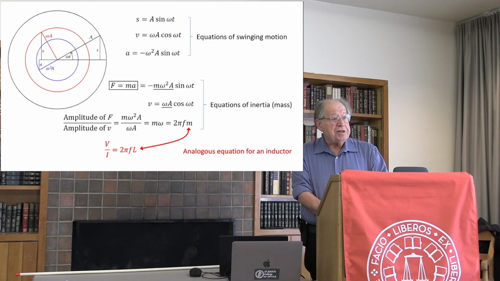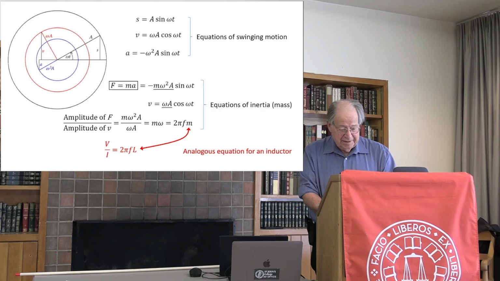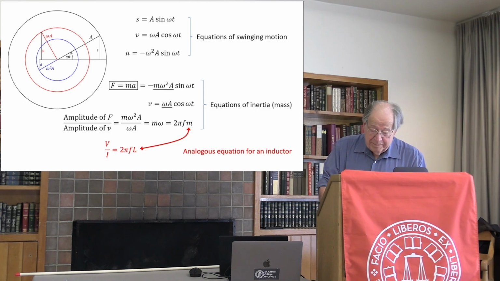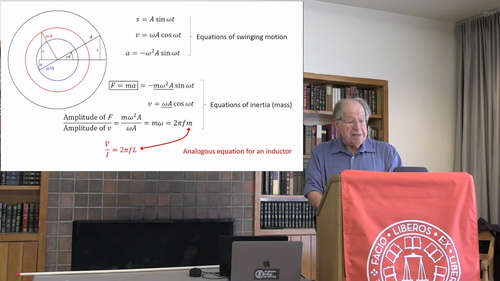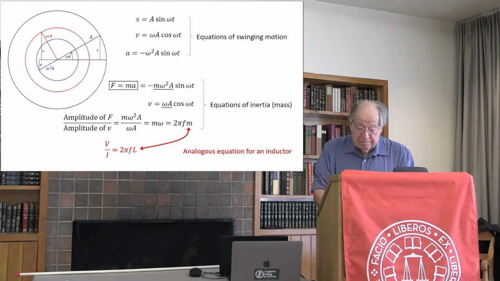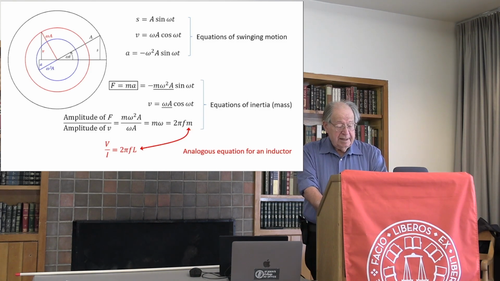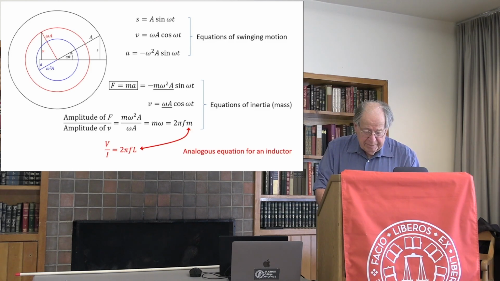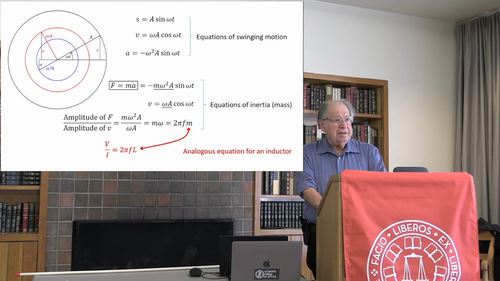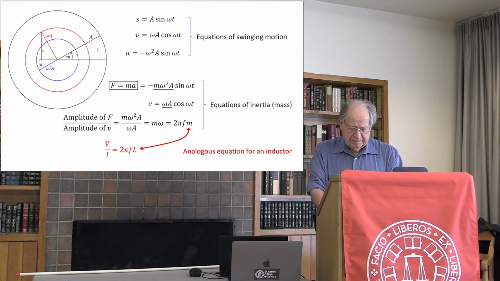It is proportional to the frequency, f. But recall that when we measured the ratio of alternating voltage to current for the inductor, it too was proportional to frequency. We seem to have come upon an intriguing analogy between an electrical inductor and a mechanical mass.